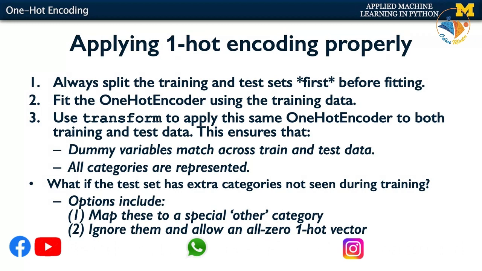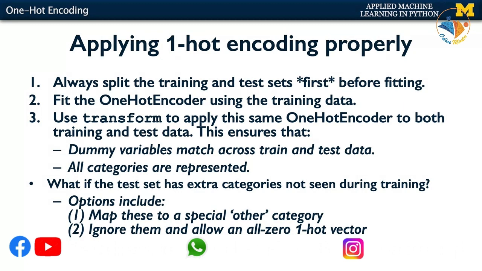You must only do it after you split so that the one-hot encoder doesn't get any knowledge of what is in the test set. And then once you fit the one-hot encoder using the training data, you can use the transform function to apply this same one-hot encoder you just fit to both the training data and the test data.